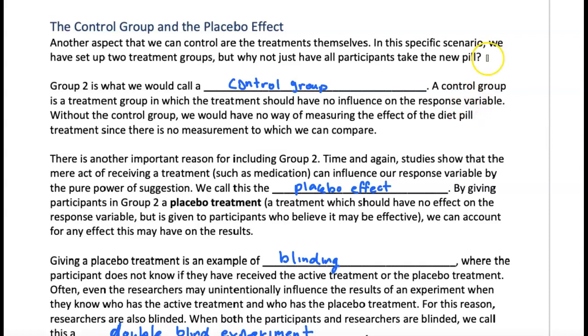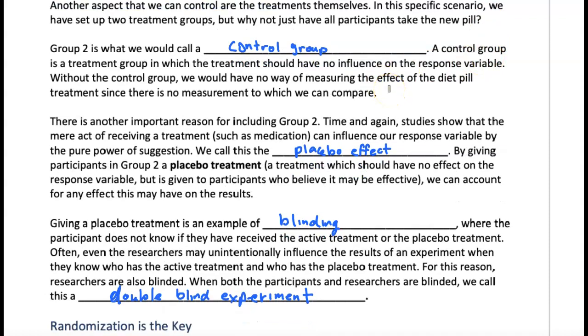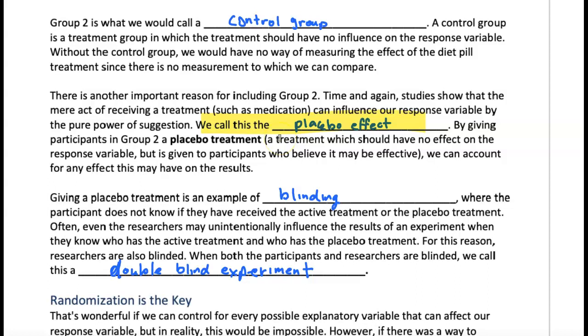And what we're hoping for is that we can distinguish outcomes based on the groups. But we have to be aware of what's called the placebo effect, right? Sometimes people believe something just because they're getting something.